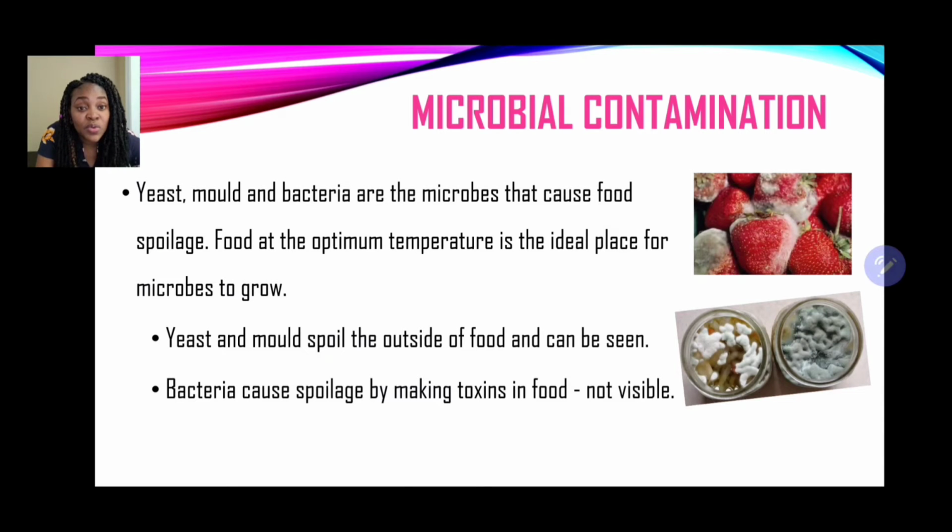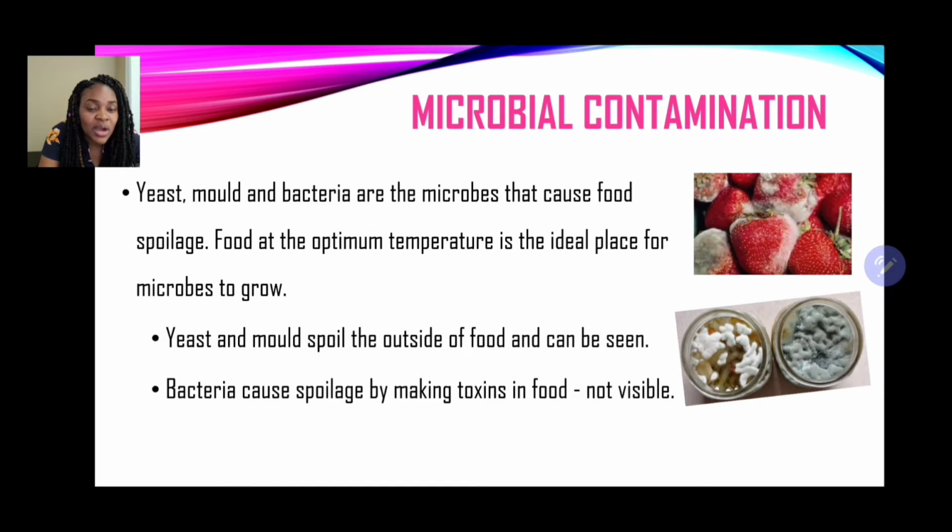Yeast and mold spoil the outside of food and can be seen. Looking at some fruits, you may see those white strands, or looking at some bread, you may see white or grayish strands as well. Those are yeast and mold.